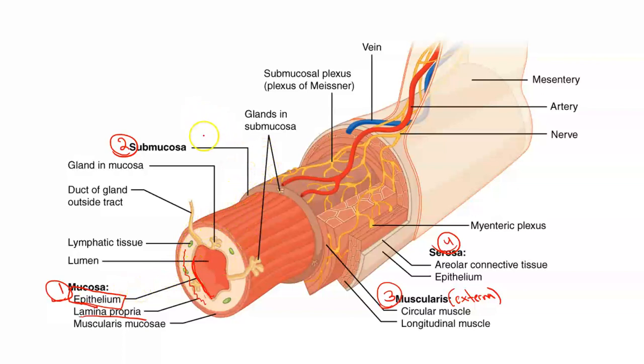Okay, in the submucosa, there is a plexus, and a plexus is a network of nerves that branch. One signal from the nervous system could come down and sprawl and branch and wrap all the way around the layer.